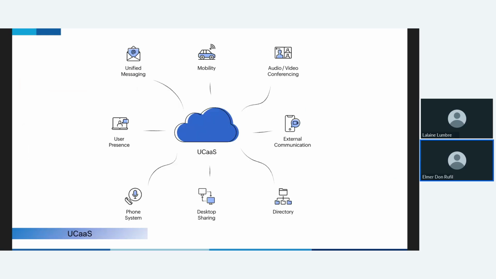So now let's talk about UCaaS, which stands for Unified Communication as a Service. That might sound a bit technical, but in simple terms, it means bringing together all forms of communication, chat, calls, video meetings, file sharing, into one single platform.